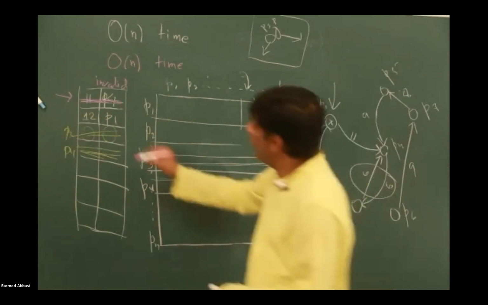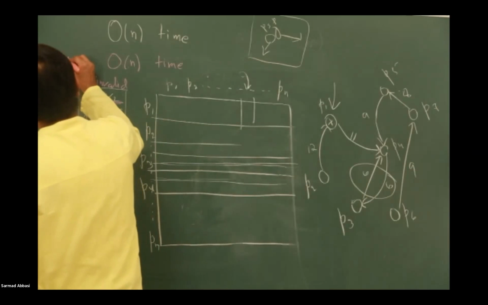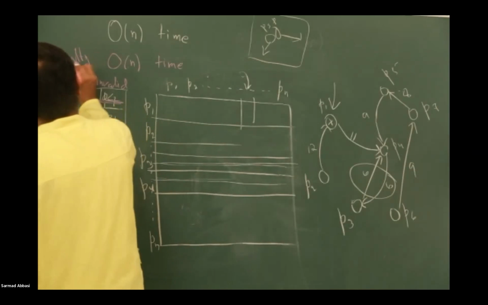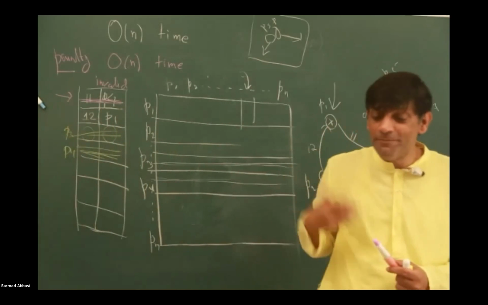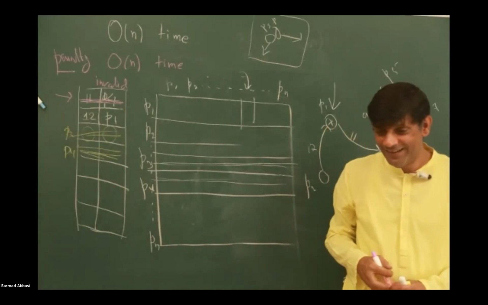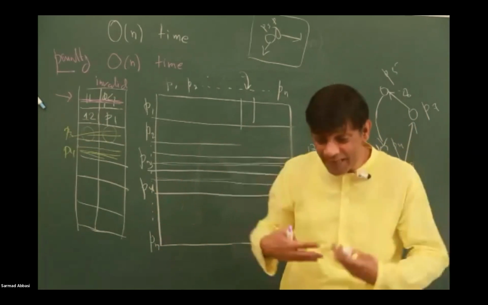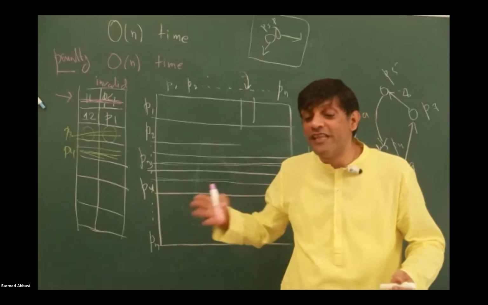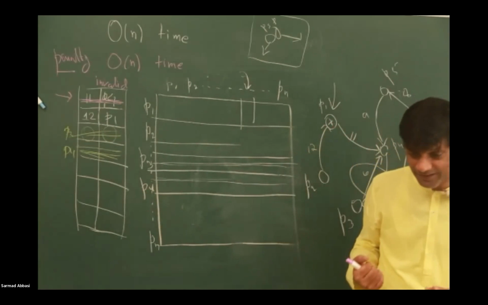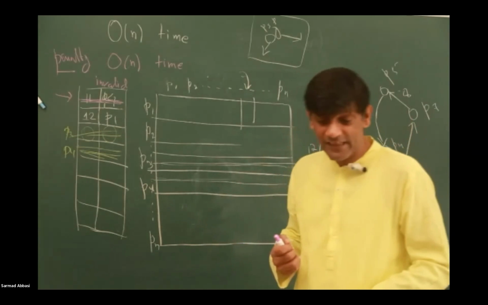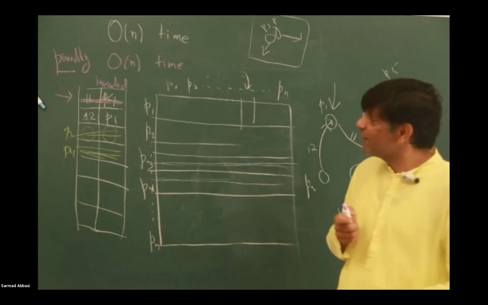Let's call this a penalty for the algorithm. How many penalties on the average will I have to absorb? How many times will I be penalized if I apply this algorithm?